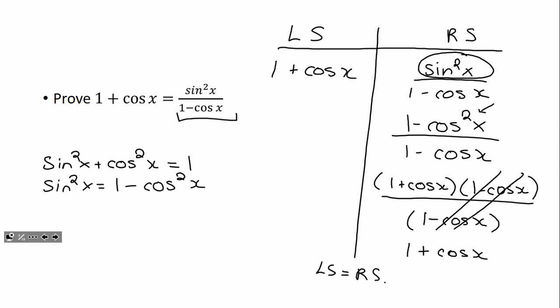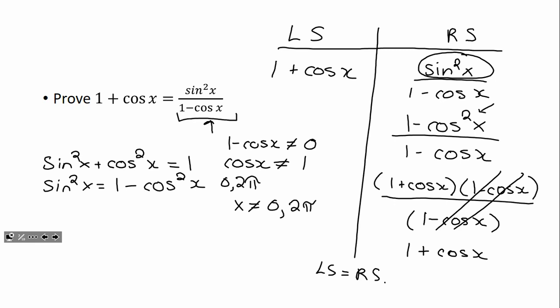We can also talk a little bit about restrictions. Right here, this is in the denominator. So 1 minus cos x can't equal 0. So cos x can't equal 1. Well, where does cos x equal 1? That's going to happen at 0 or 2 pi. It's negative 1 at pi. So we can say that x can't equal 0 or 2 pi.